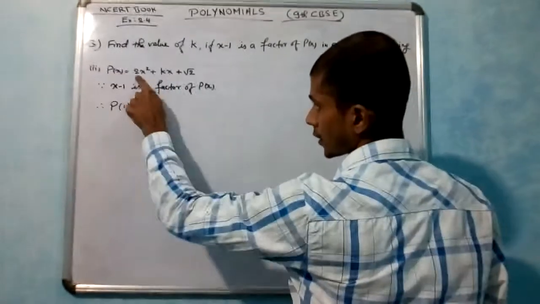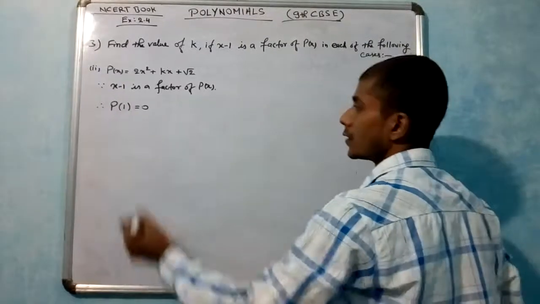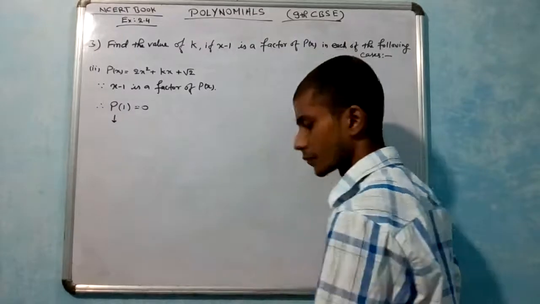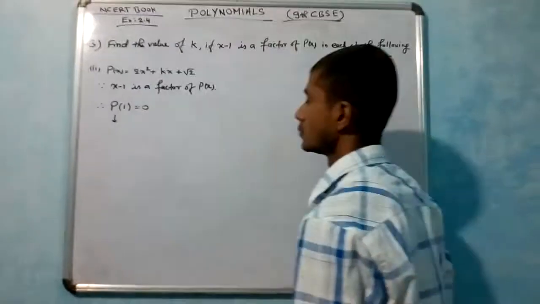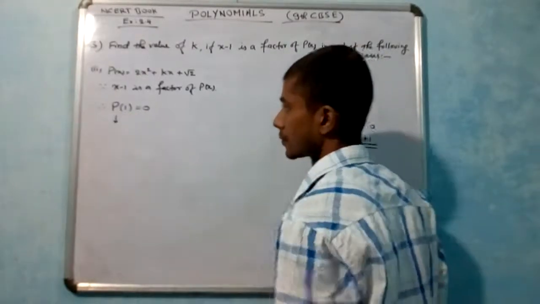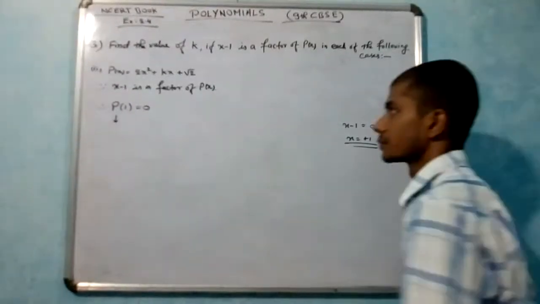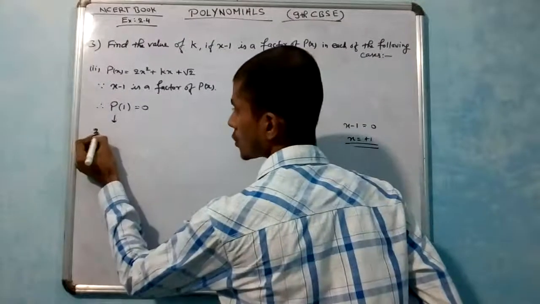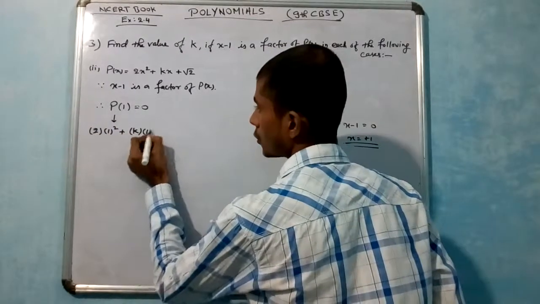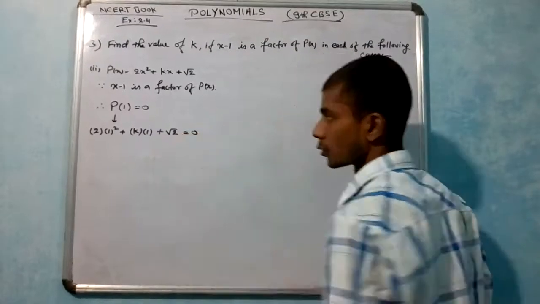So in place of p(x), at every place of x, we have to substitute 1. Okay, so see, tell me, what should I write next? Two into 1 square plus k into 1 plus root 2 is equal to 0.